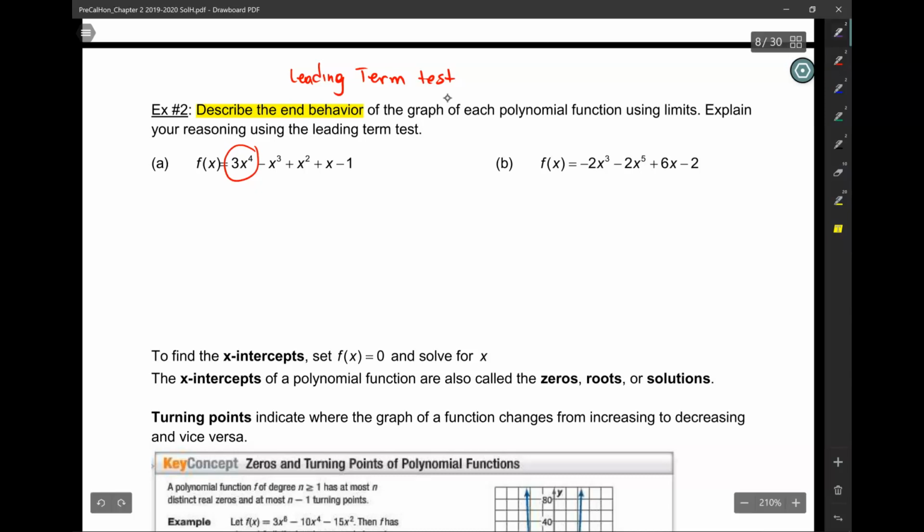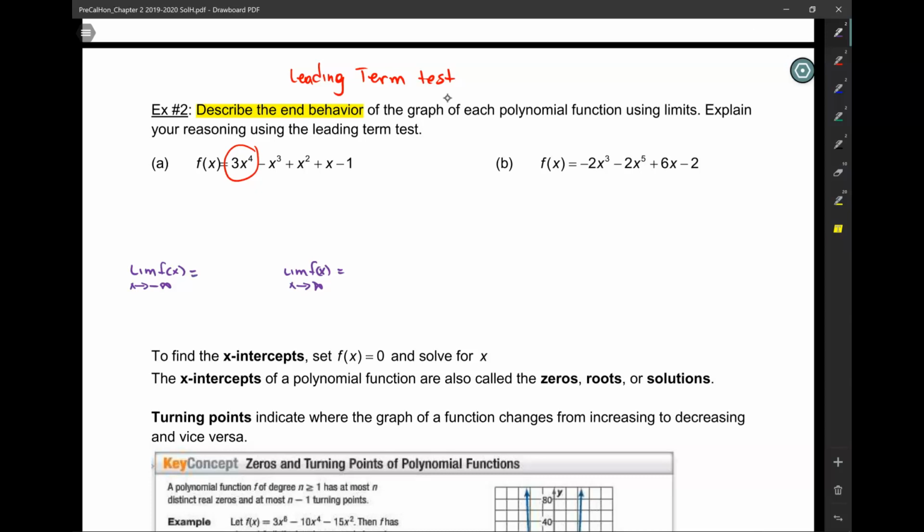So here is what you're going to do. The answer that you're going to give me is the limit of f of x as x approaches negative infinity and as x approaches positive infinity. Those are the answers that you're going to give me in that notation.